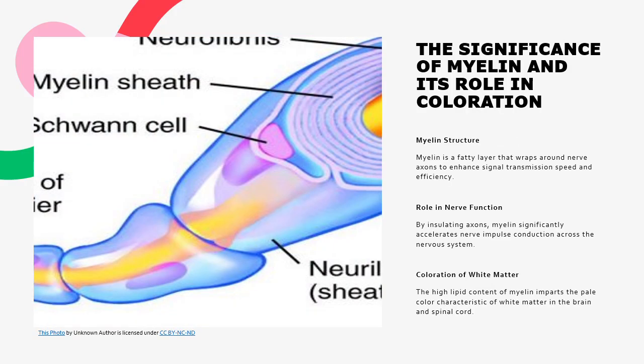Myelin is a fatty substance that surrounds axons, increasing the speed and efficiency of nerve signal transmission. Its high lipid content gives white matter its characteristic pale color. So think of this as a wire that we have put a wrapping around to help keep the signal in the wire.